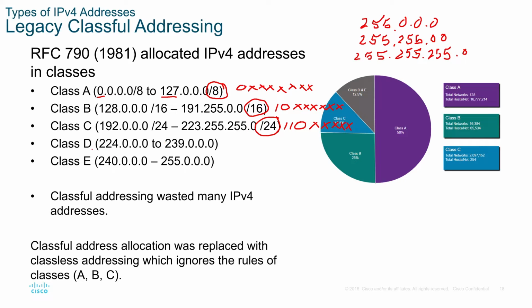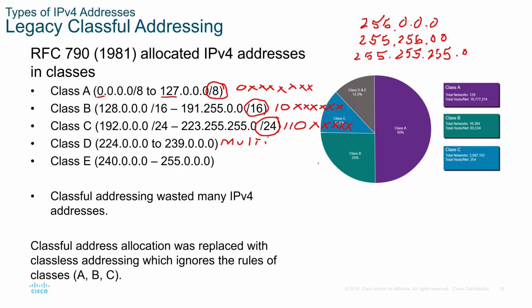A Class D is a multicast address. Multicast addresses are used for many things. As discussed previously, it could be streaming video.